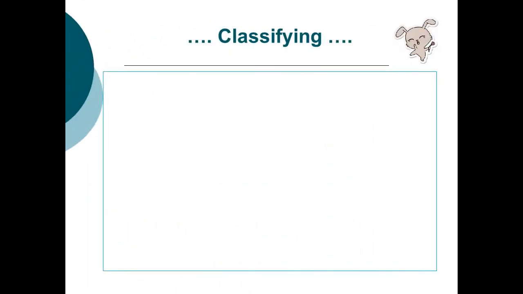Now, we go to the last science process skill, which is classifying. Here is the question.